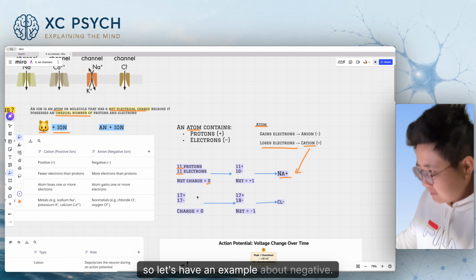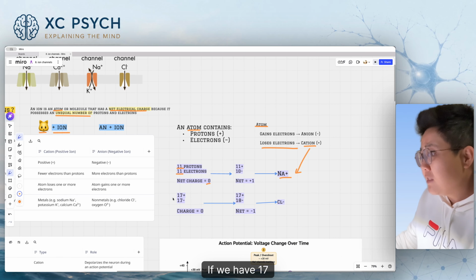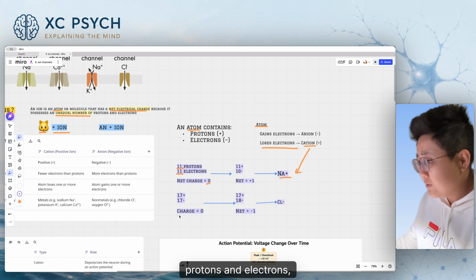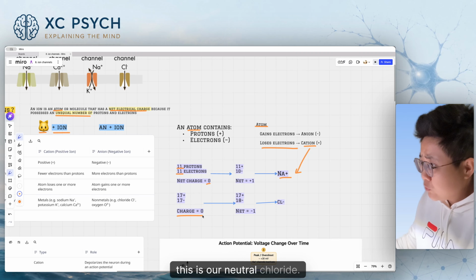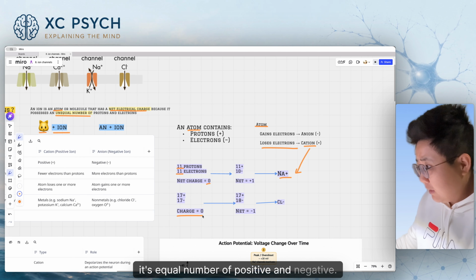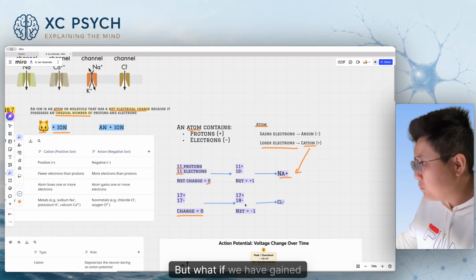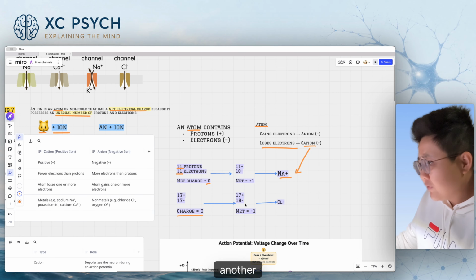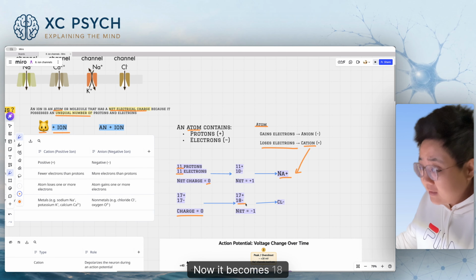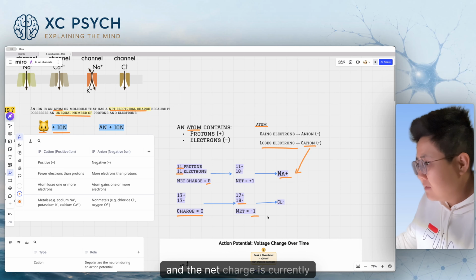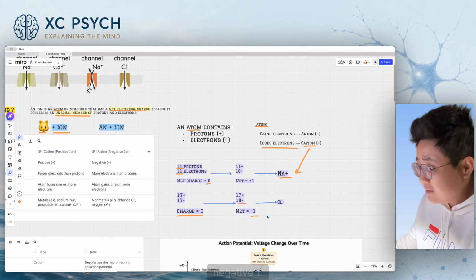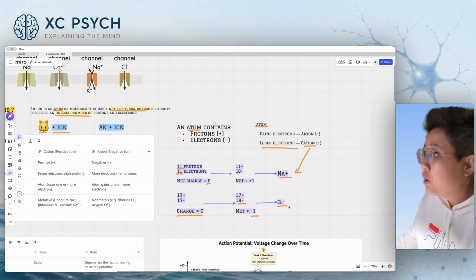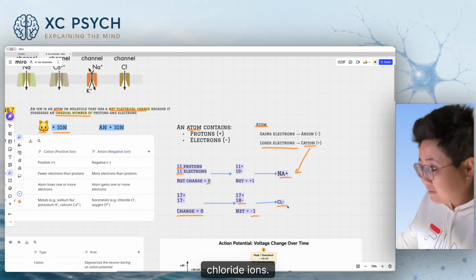So let's have an example about negative. If we have 17 protons and electrons, this is our neutral chloride. It's equal number of positive and negative. But what if we have gained another electron? Now it becomes 18. And the net charge is currently -1. We have our chloride ions.